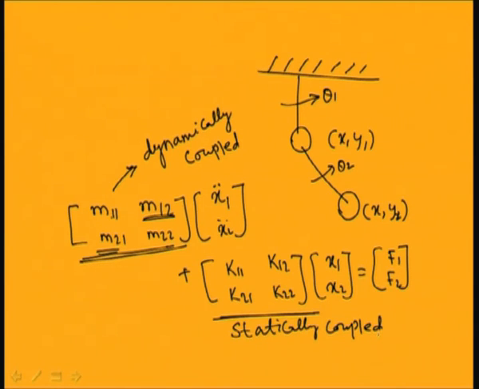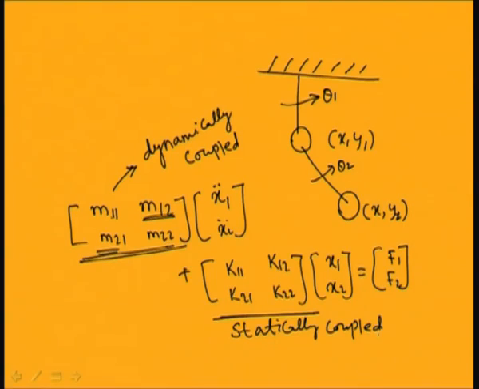To make the system dynamically and statically uncoupled, you can take another set of coordinates. Those coordinates using which you can write the equation of motion in uncoupled form are known as the principal coordinate system.